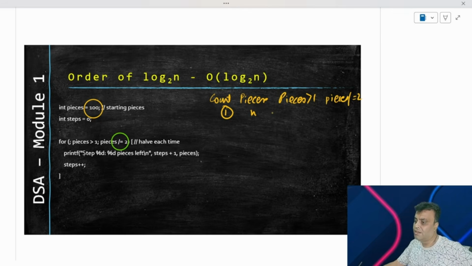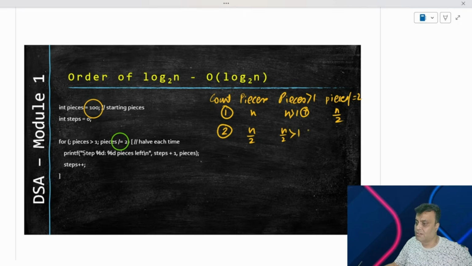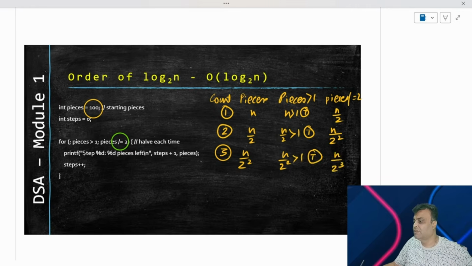In this case, n is 100. So n is greater than 1 is true, and then pieces will become n by 2. In the second run, pieces starts with n by 2, and n by 2 is greater than 1, so this is also true. Then this n by 2 will become n by 2 square because we are halving it. The third time it runs, we start with n by 2 square, which is greater than 1, true, and therefore we have n by 2 cube as the next halving.